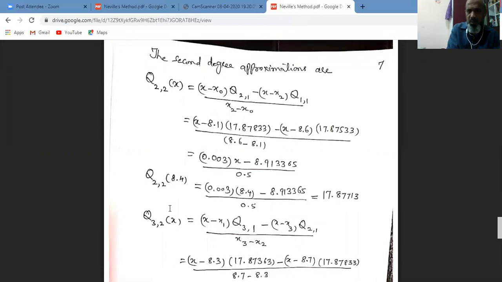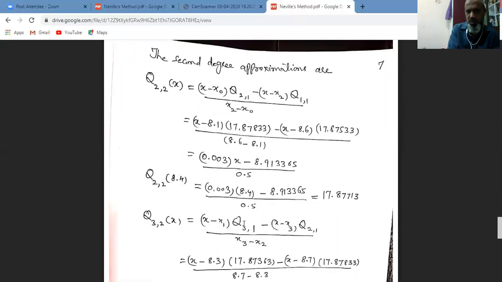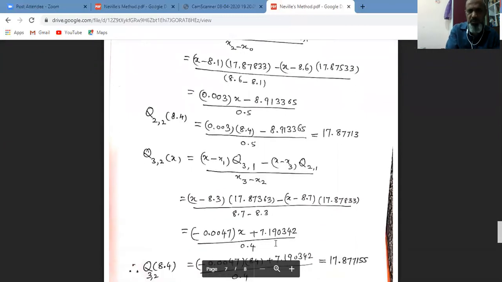Again, the second degree approximation is q3,2(x). So by substituting i is equal to 3, j is equal to 2 in the given formula in step 2, we will get ((x minus x1) q3,1 minus (x minus x3) q2,1) by (x3 minus x2). So substitute the values of x1, x3, q3,1, q2,1. So we will get here x minus 8.3, this is the value of x1, q3,1 value is 17.87363, minus x minus x3, q2,1.